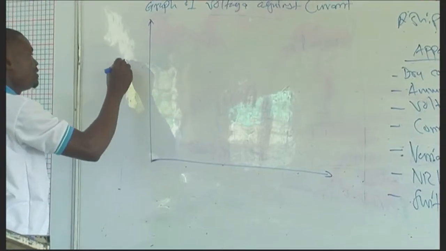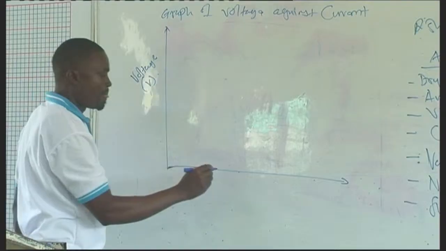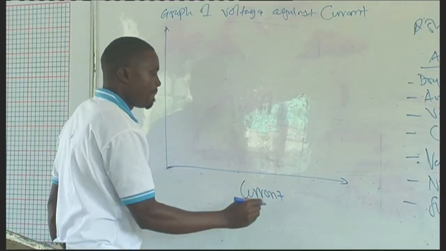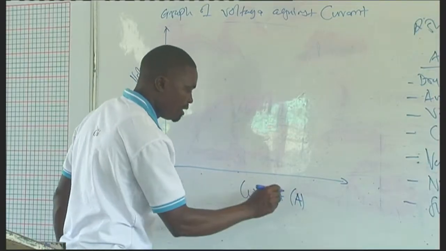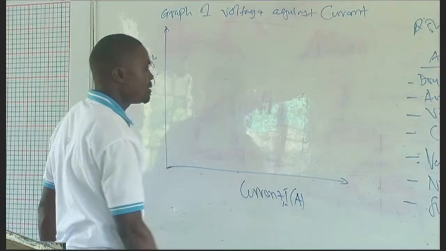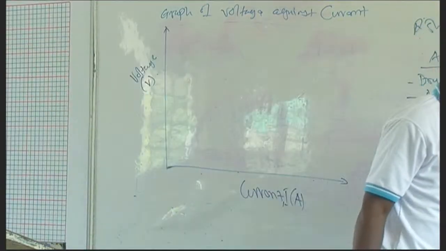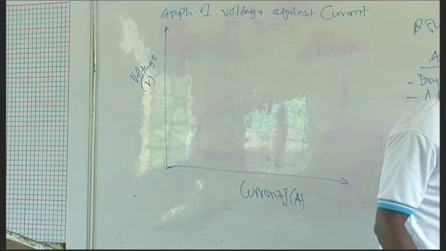We write voltage, and this voltage is in volts, the unit. And current: the unit of current is ampere, abbreviation I, and then unit ampere. So the way these values are moving, it means that when one increases, the other one also increases.